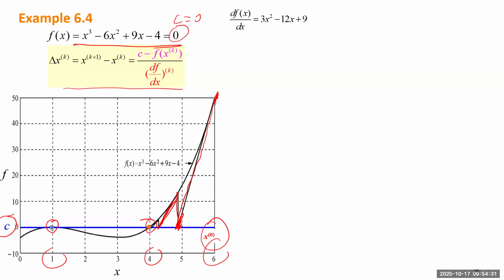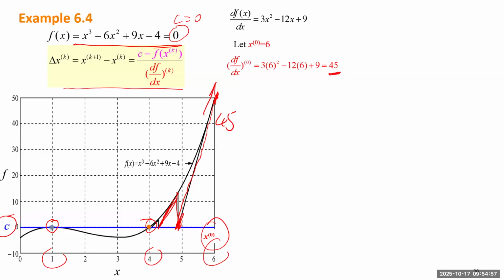The first order derivative of this nonlinear function will be a quadratic function. So if we start from 6.0 as the initial guess of x, the derivative at the initial guess will be 45. 45 means this slope. This slope is 45.